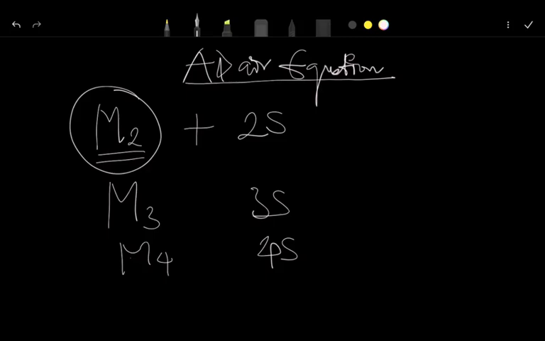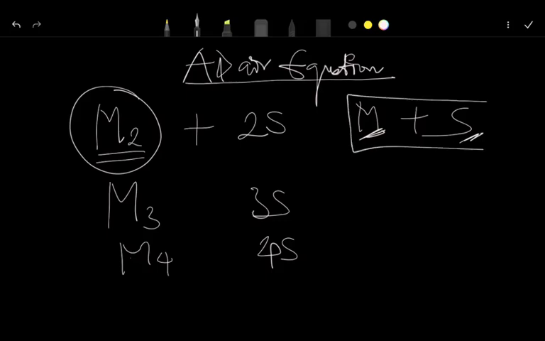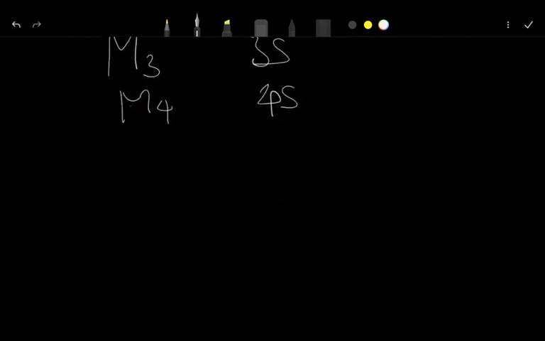If for example I have M reacting with S, just one active site, one substrate, this is a typical Michaelis-Menten equation. But in that equation, the enzyme is represented as E for enzyme, whereas in the Adair equation, or in this advanced enzymology, your E will be represented as M. So let's go into the Adair equation proper now.